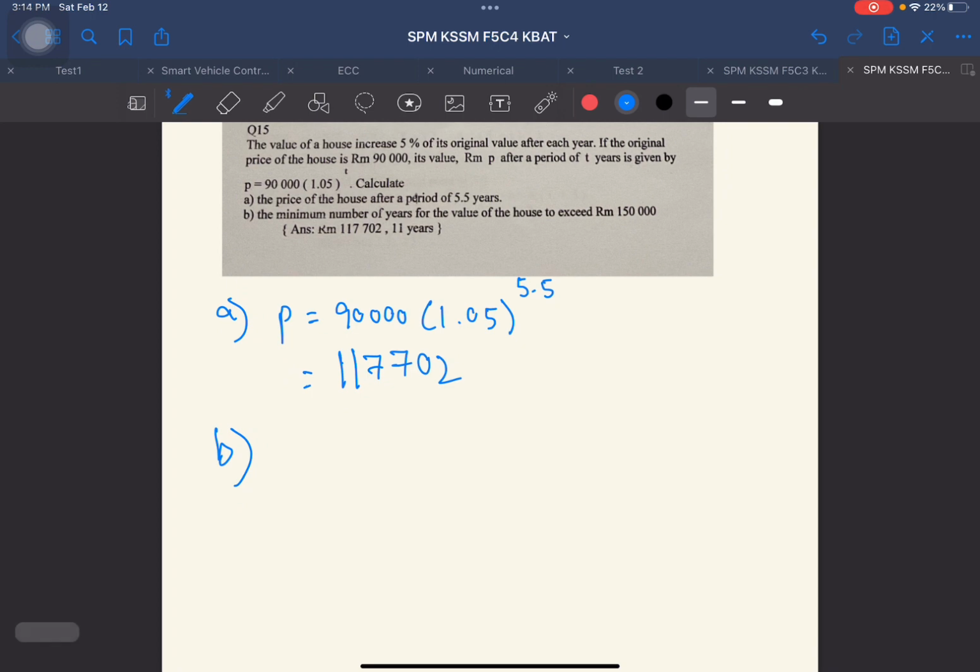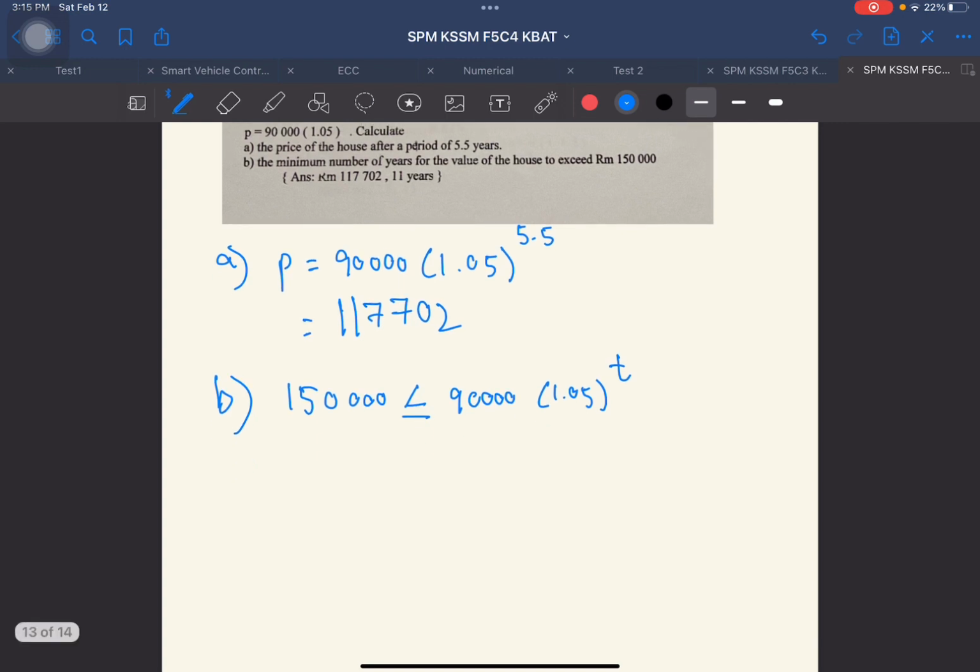So you form an equation here. 150k at least, right? So this is at least, of P, where P is this. So you form this inequality, move the 90k to here and simplify it.